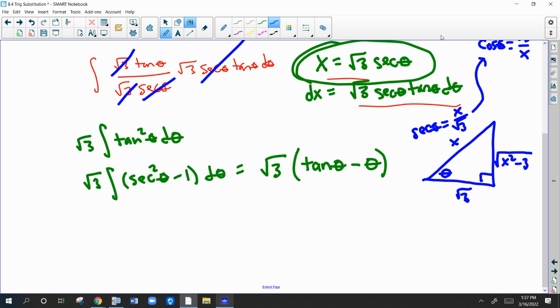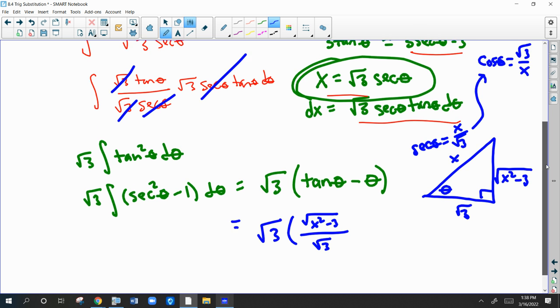So now I have this triangle. Now I can substitute for theta just by using SOHCAHTOA. So the tangent of theta is opposite over adjacent. Theta is whatever theta is, but look at this.